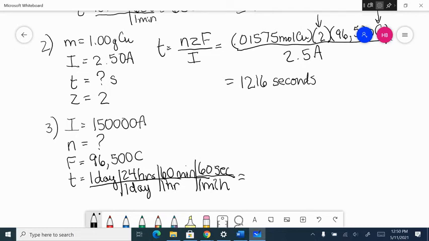Like such. So you can multiply that all the way across to get 86,400 seconds.